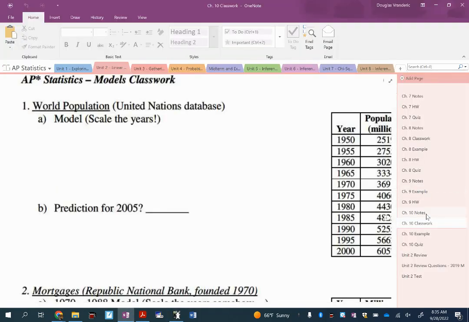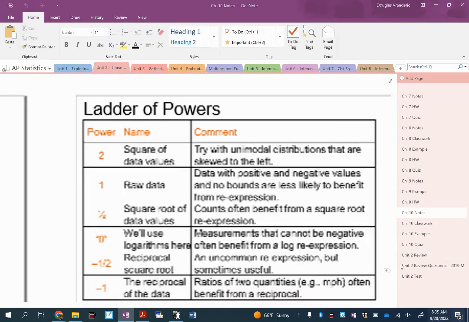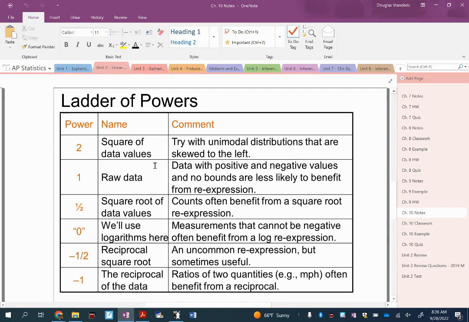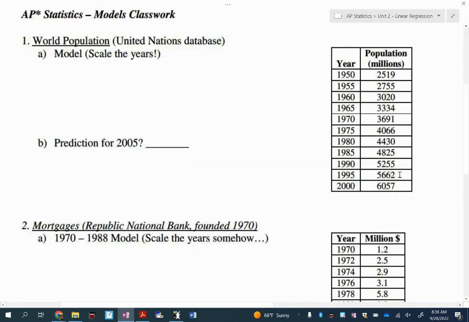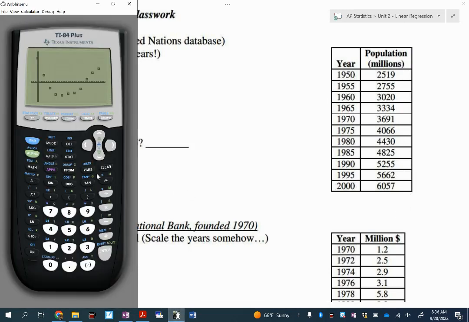What I'm going to do, as I mentioned, referring to these notes here, is first try squaring my Y values. So I'm going to go back to my calculator, and where it says population, my list 2, I'm going to make a new list, list 3, where I square all of those populations in millions. So go to stats, edit.